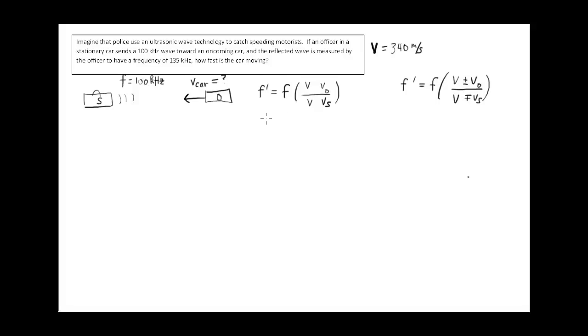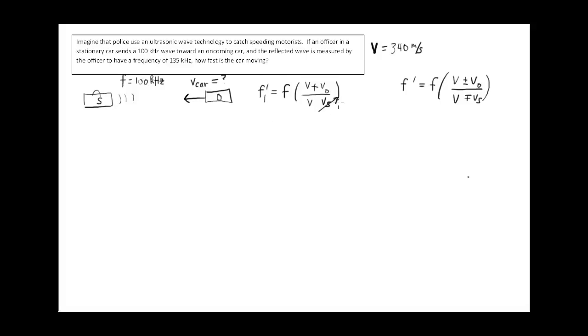So we'll apply that right here. In this case, we've got the source at rest, so V source is equal to 0 and leaves the problem. Here, the observer velocity is the car velocity because the car is the observer. The observer is moving toward the source, and therefore we use the upper sign, which is the plus sign. But I'm going to call this f prime 1 because in just a moment we're going to turn this around and use it to find the final frequency measured back by the officer.